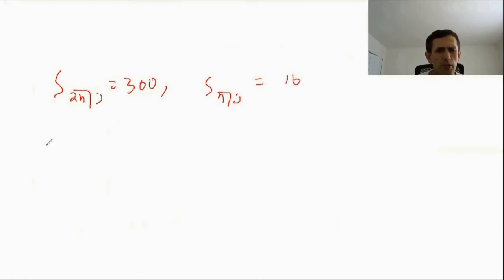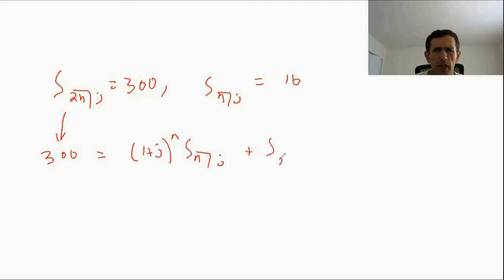Let's use our formula. 300 is S_2N,j, and that's going to be (1 plus j) to the N, S_N,j plus S_N,j.